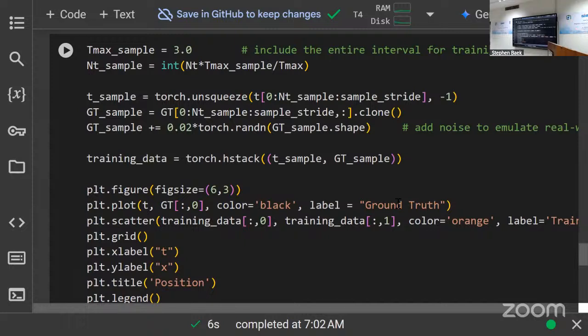So here, what we're going to do is to pretend that we do not know the omega 0 and zeta, okay? Even though we do know, because we created the ground truth out of the values that we know.